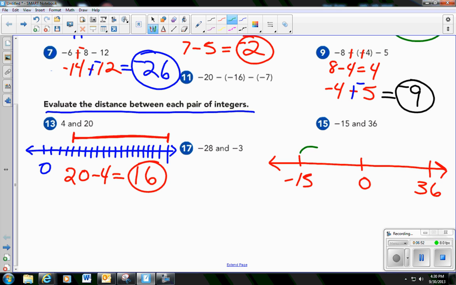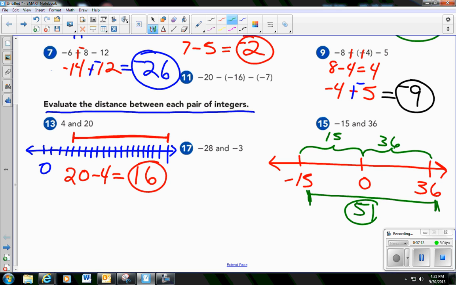Well, negative 15 to 0 would be 15 units. 0 to 36 would be 36 units. So the total distance between them would be 51. So the answer to number 15 is they are 51 units apart, if that makes sense there.